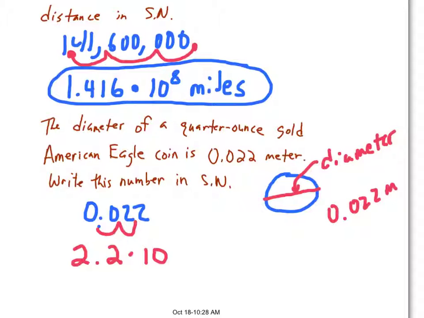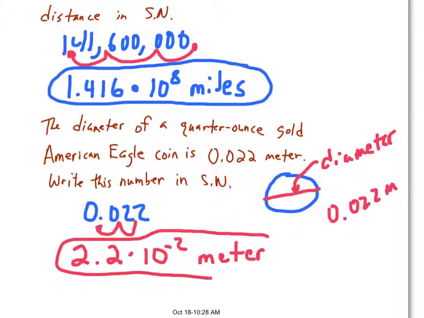Since I moved that decimal place 2 places, I am going to put a -2 there, and that is again a fraction of a meter. I'm not going to put meters since it's a fraction of a meter. 2.2 times 10 to the -2 of a meter.